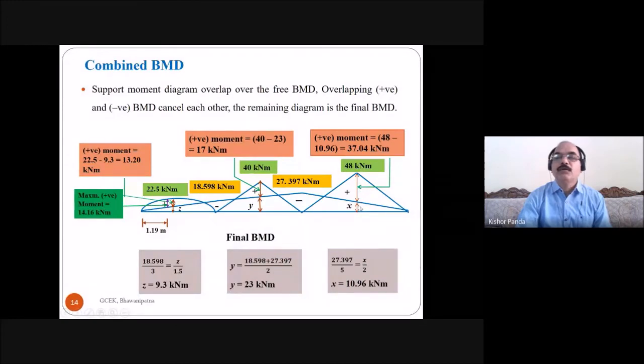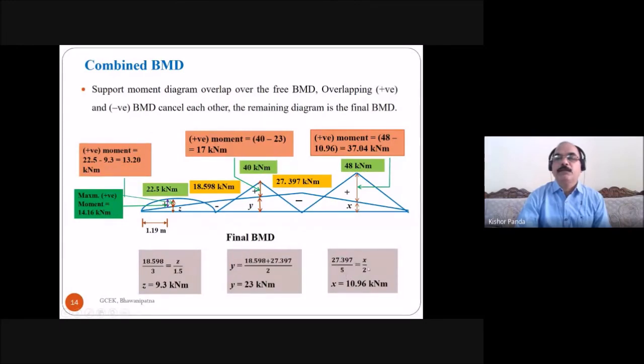So how will you find this one? You take this as one triangle and this as another triangle. You know this ordinate is 27.397, and this side is 5 meter, and you take the ordinate here as x, and this side is 2 meter. So 27.397 divided by 5 is equal to x by 2.